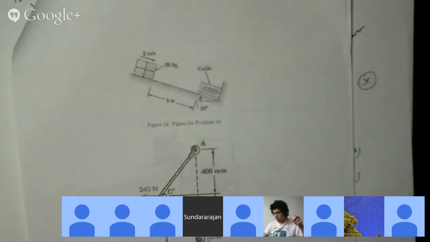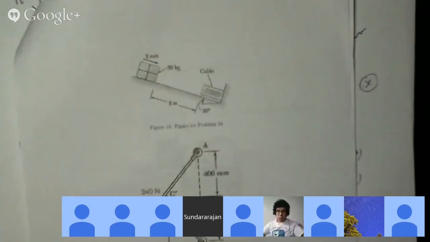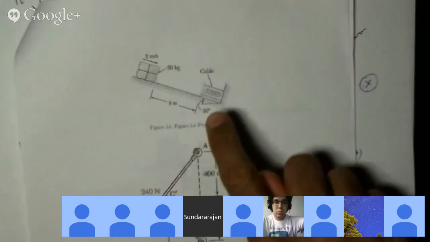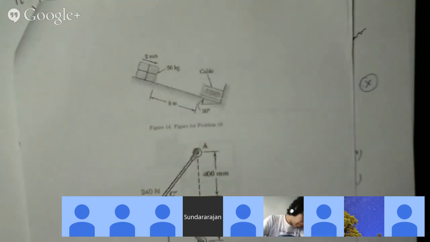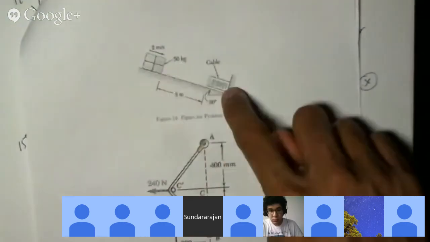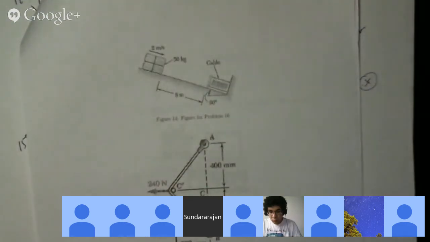How does that make sense? I mean, the box is here. The spring is all the way down there. You mean when it's already compressed?